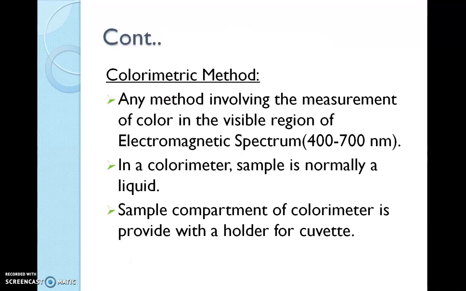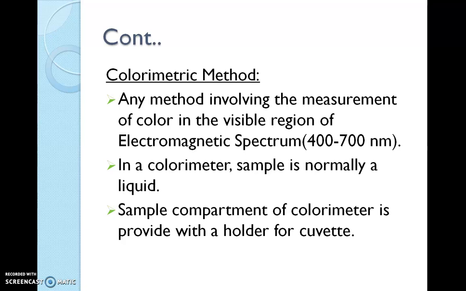So in calorimetric method, any method involving the measurement of color in the visible region of electromagnetic spectrum between 400 to 700 nanometer. So it is a sample, normally a liquid.